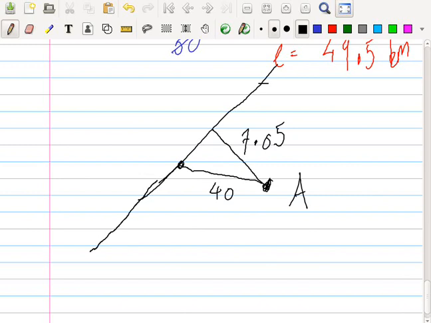Then 40 kilometers away from A, it can radio, and it can continue to radio until, again, it's 40 kilometers away. And then once it passes here, it's no longer in radio range. My question is, how far has ship B traveled while they are in radio range? So I want to know what this distance here is.